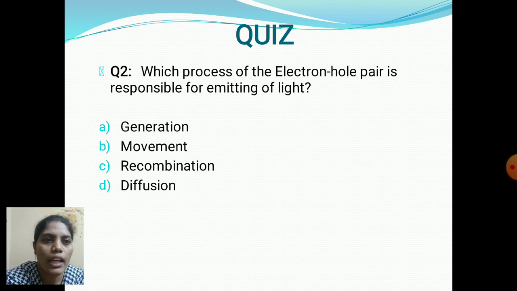Which process of the electron hole pair is responsible for emitting of light? Is it generation, movement, recombination, or diffusion? So we have seen this point in the discussion and also in the picture. It is recombination of free electron and hole.